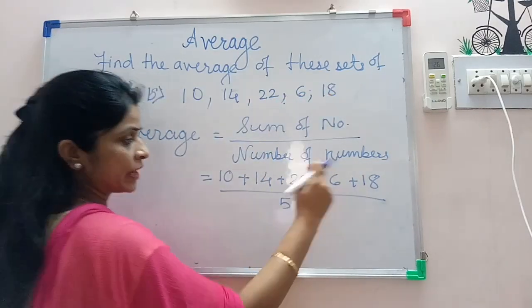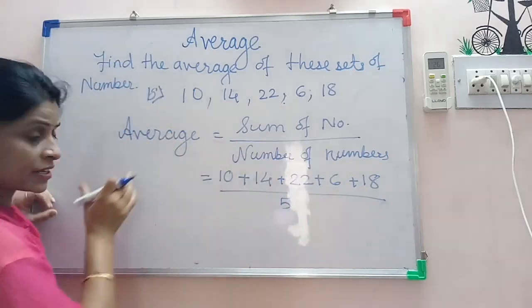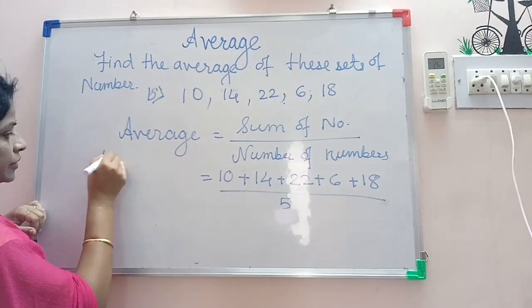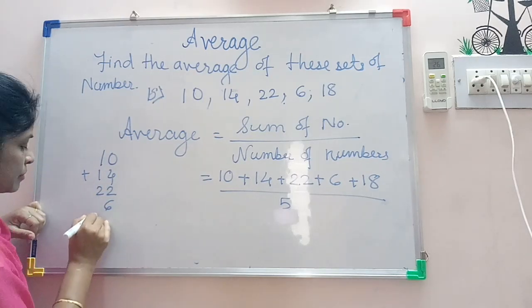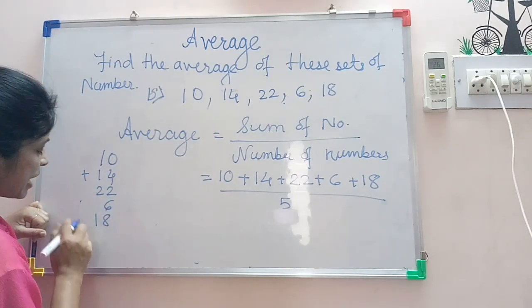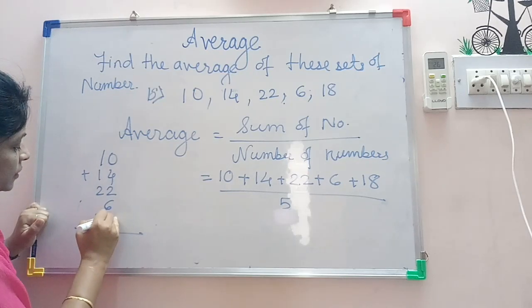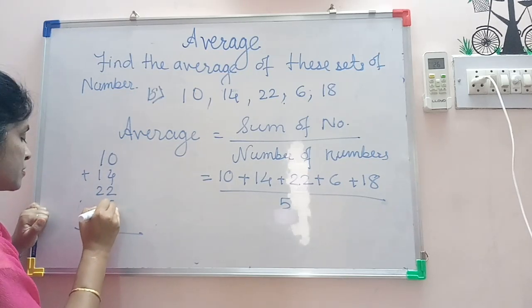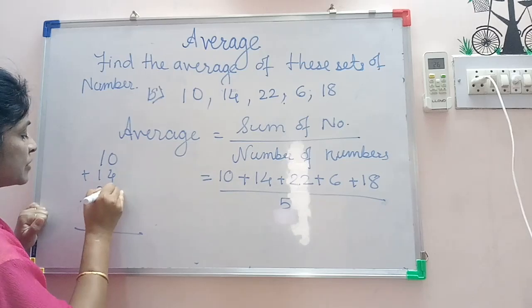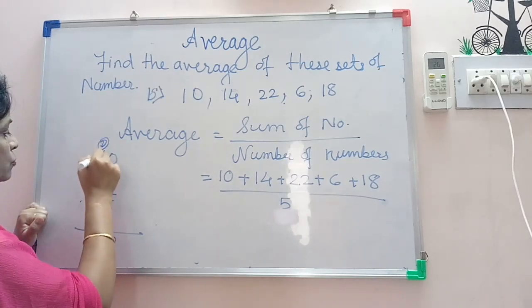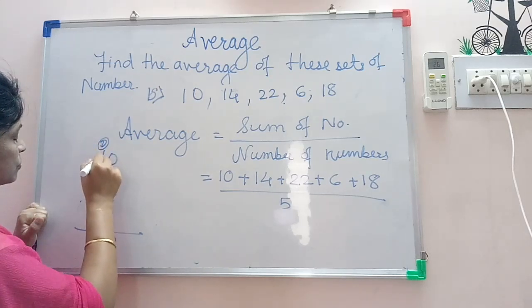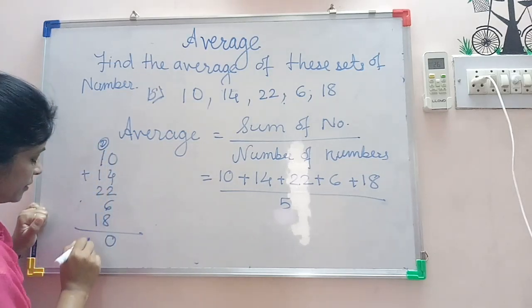Students, if you are finding it difficult to add like this, you can take it vertically also. 10 plus 14 plus 22 plus 6 plus 18. Now we will add it. 8 plus 6 is 14, 15, 16, 17, 18, 19, 20. 2 carry. 2, 3, 4, 5, 6, 7.